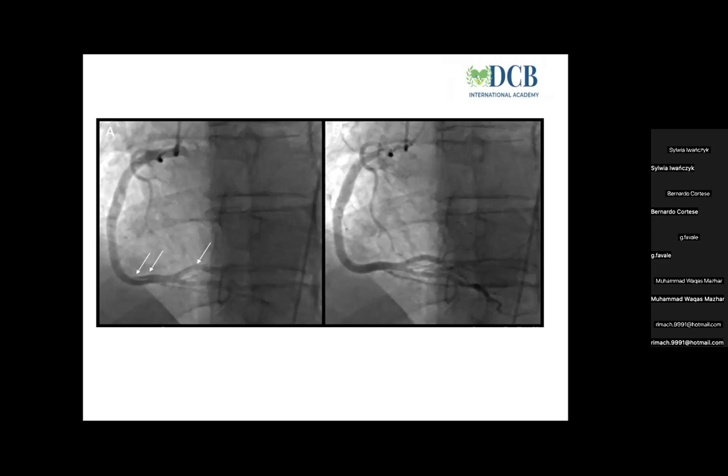In the second one, the proximal part of the vessel is not related to the film. But I think we should see the moving images, otherwise it would be difficult to understand. Do you have it somewhere? No, I just have the images. Okay, so we will remain with the doubt.